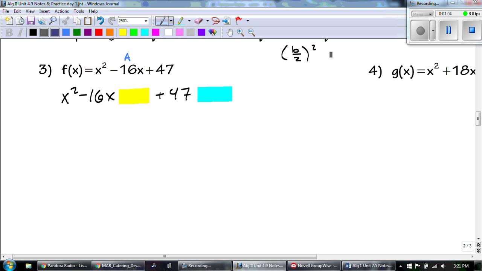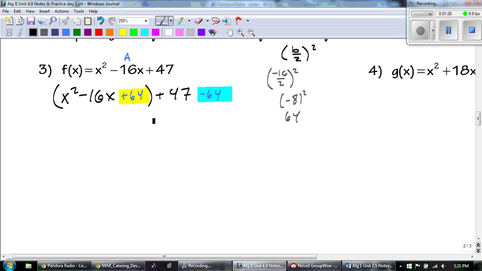Okay? So we have negative 16 divided by 2 squared. Negative 16 divided by 2 is a negative 8, and then when we square that, we get 64. Okay? So we add 64, and then we subtract 64.